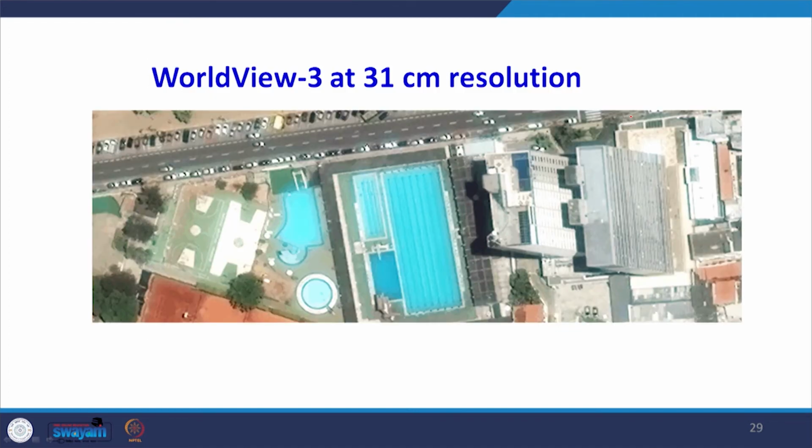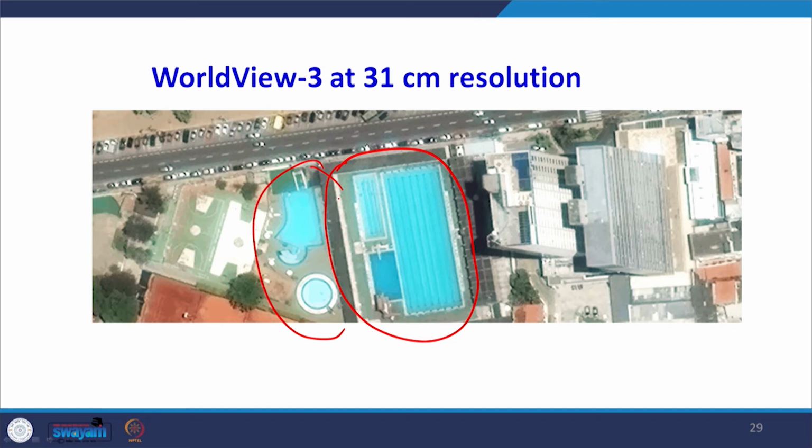So, if we look at the WorldView 3 data at 31 centimeter resolution. If you blow it up further, probably you can get much more detailed information, but what I wanted to show you is that you can see a pool here, a swimming pool kind of a thing, very clearly seen with the color of the water.